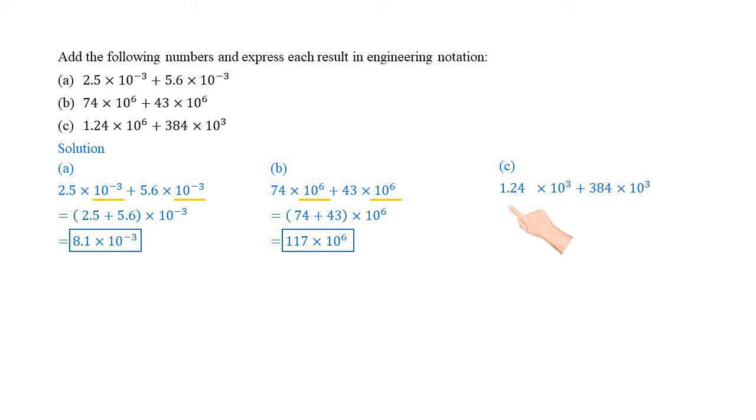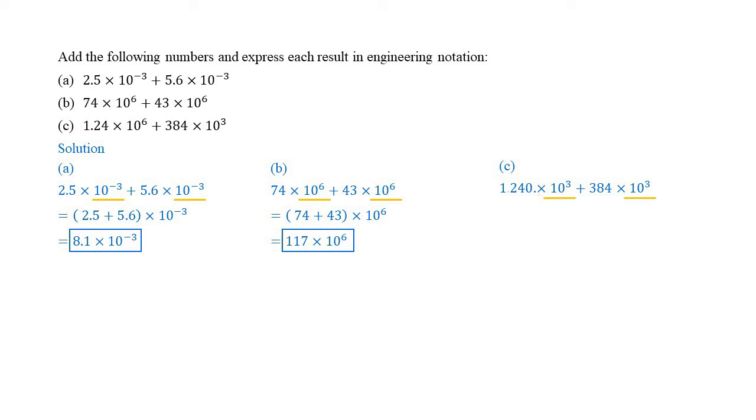The number part needs to be increased by the same amount. So we need to move the decimal point to the right 3 times. Once, twice, and 3 times. The decimal point is here. This number is 1240 times 10 to the power 3.